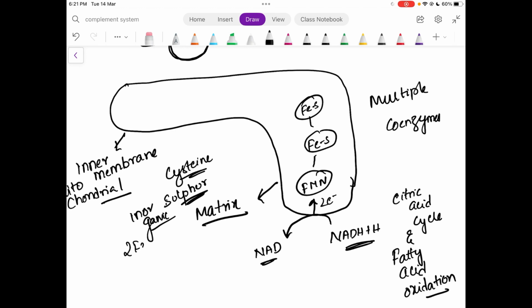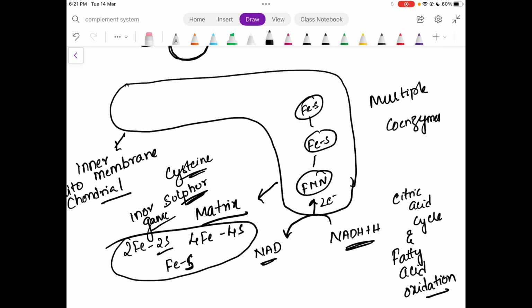It can be in the form of 2Fe 2S, 4Fe 4S, 1Fe 1S. These are in the different forms.